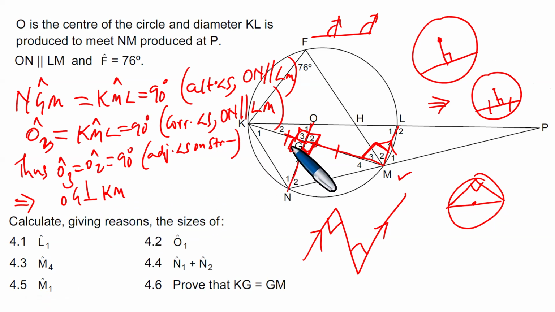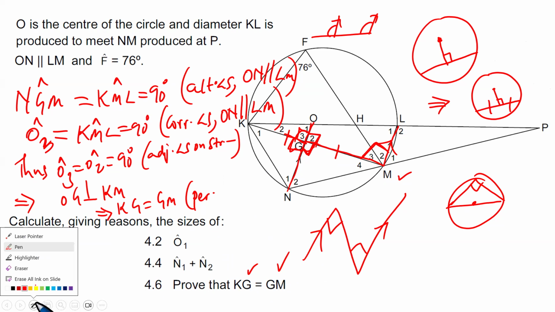Now, if it is perpendicular to KM, then this means that KG, which is this one, equals GM. Why does KG equal GM? Because of the perpendicular from center to chord.